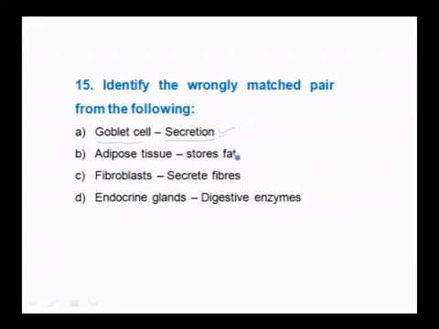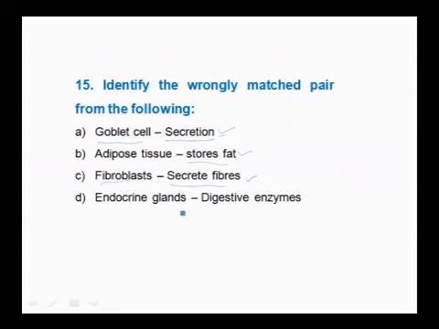Adipose tissue stores fat. One of the special characters of adipose tissue is that they contain fat filled cells called adipocytes. This is also correct. We need to identify the wrong statement among these. Fibroblasts secrete fibers like collagenous fibers; elastin fibers in areolar tissue are produced by fibroblasts. This is also correct.